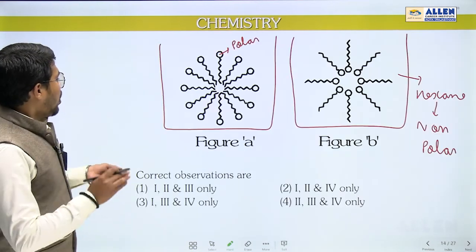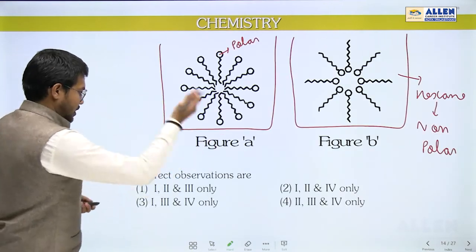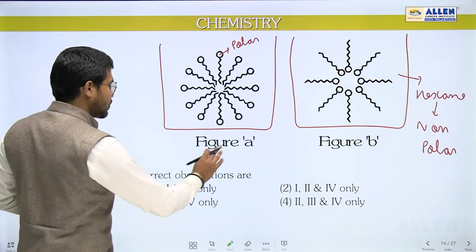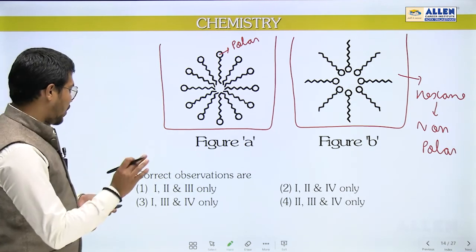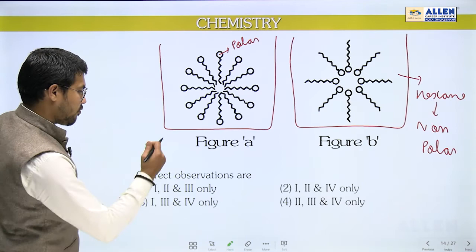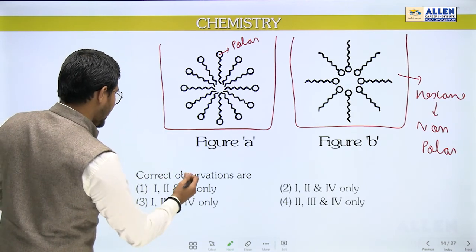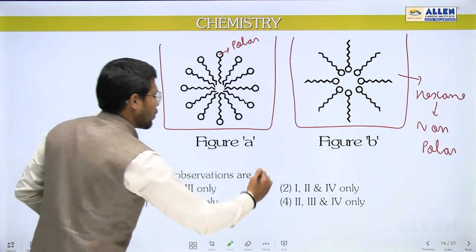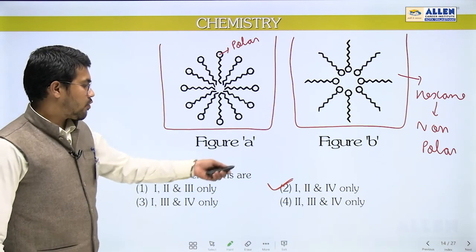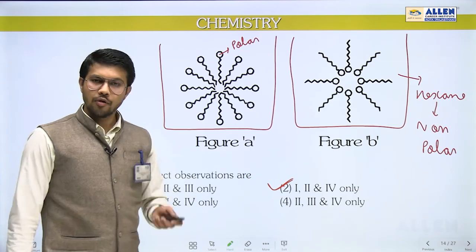From the given options, we have to choose the correct observations. The correct observations are first, second and fourth, which is the second option. This is our right answer for this question: first, second and fourth only.